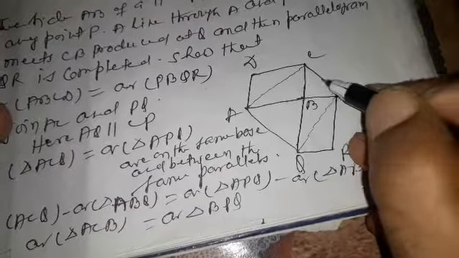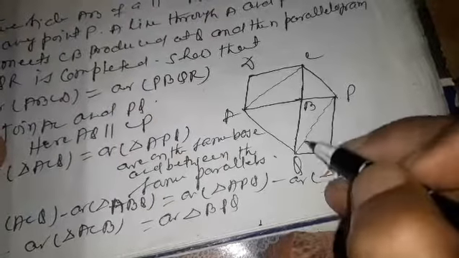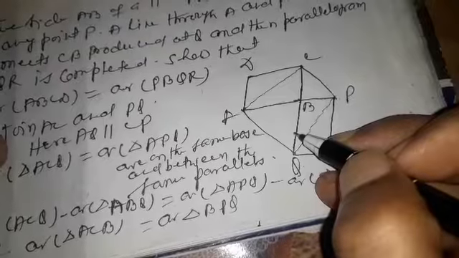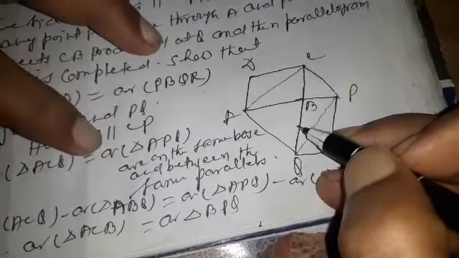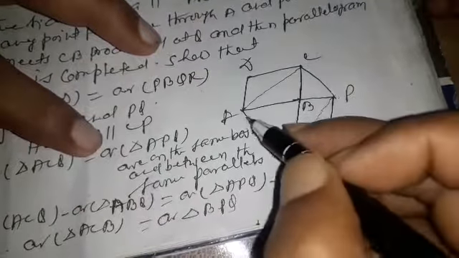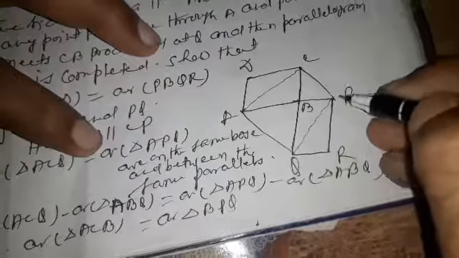Here AQ is parallel to CP. So therefore the area of triangle ACQ is equal to the area of APQ, because both are on the same base AQ and between the same parallels AQ and CP.